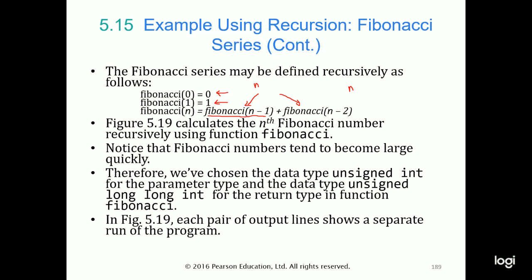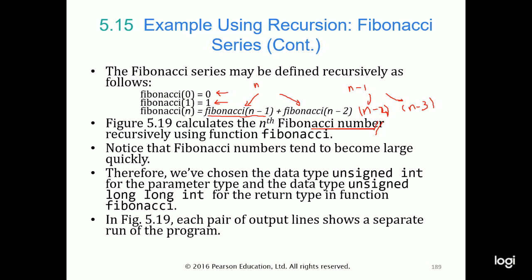N-1, if it's not equal to 0 or 1, will again make a recursive call to the Fibonacci function with n-2 as the argument, and another recursive call with n-3 as the argument, and then we will break these two down as well.